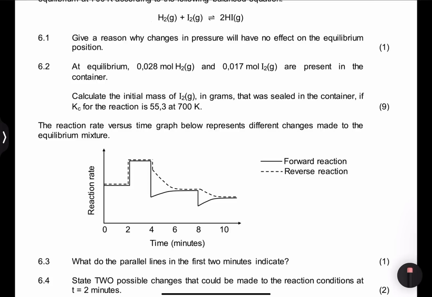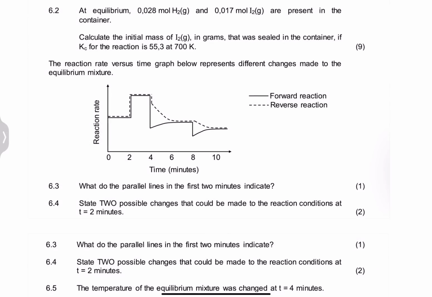Right. Now, they say state 2 possible changes that could be made to the reaction conditions at t equals 2 minutes. So at 2 minutes, what happened is that we could have added a catalyst.